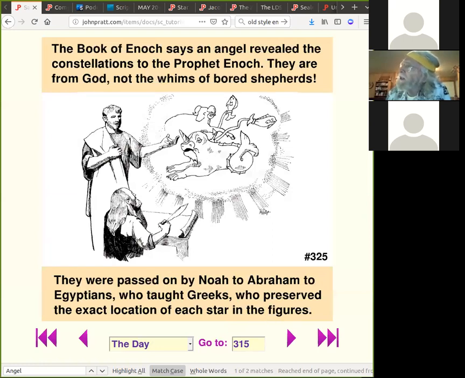So, for instance, in the fishes here, it'll say this is the mouth of the fish, this is the eye, this is the knot in the cord tying the tail. So each star position is pretty well preserved.